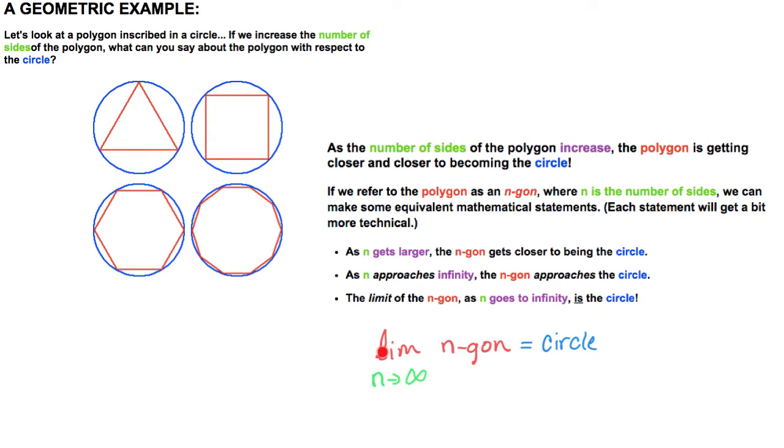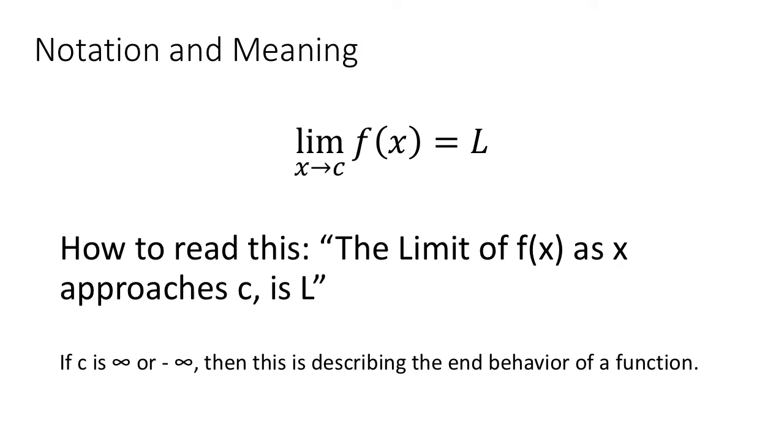So again, we use lim to abbreviate the word limit. We're talking about the limit of something as the input changes, and what that limit is, we say it's equal to that. So let's take a look at a little bit more with the notation. Here it is in function notation and not geometry notation.